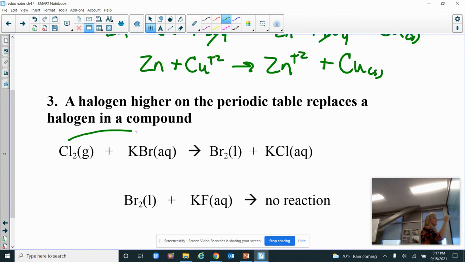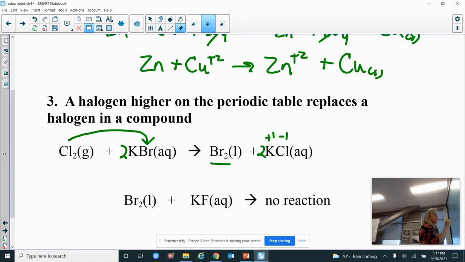So when it kicks out the bromine, that bromine, just like hydrogen, has to pick up another bromine to make Br2. And then we balance the charge between K plus and Br minus, and we just need one of each. So it's KBr. So then to balance it, I would need a 2 here and a 2 here. Okay.